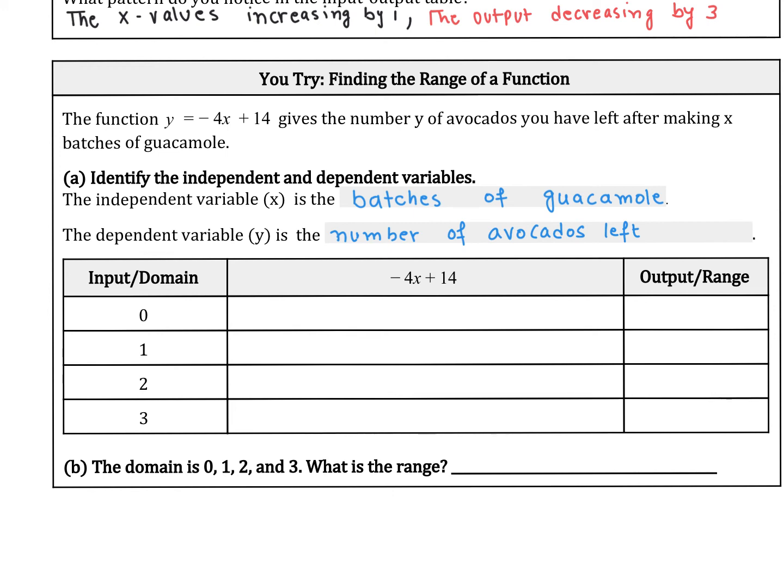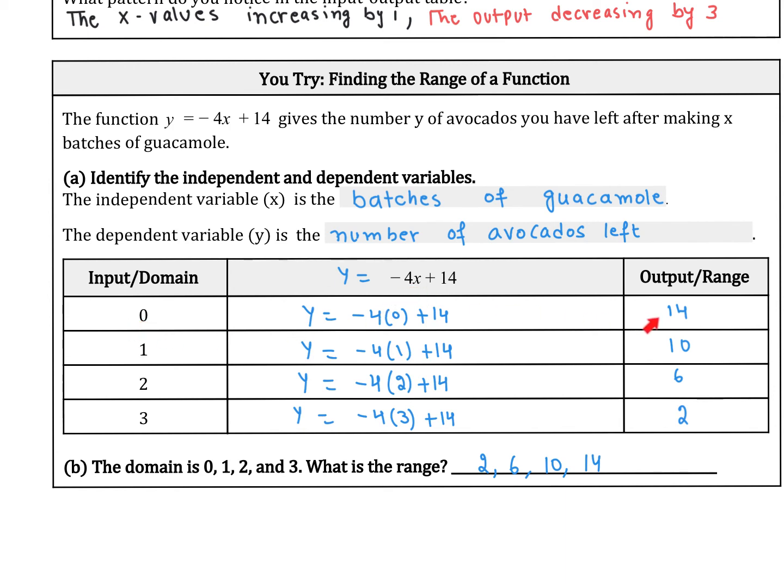Now the x values given are input values that we are going to plug into the x place to find the y value, or range. So when you plug in 0, negative 4 times 0 plus 14 is 14.